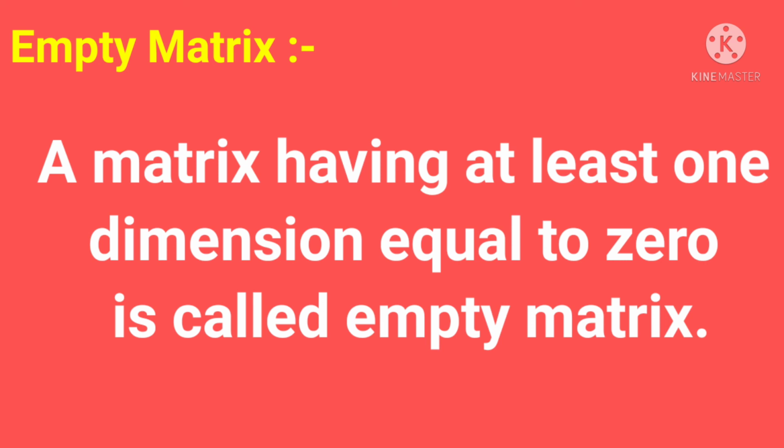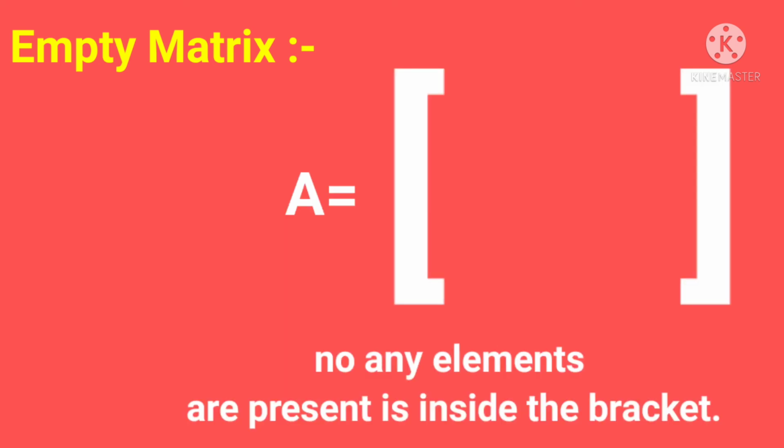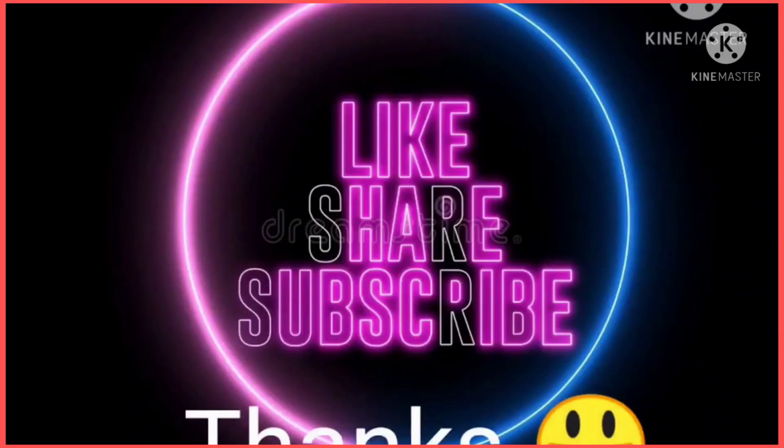A matrix with no rows and no columns is known as an empty matrix. For example, A equals, open the bracket, with no numbers present inside the bracket, is known as an empty matrix.